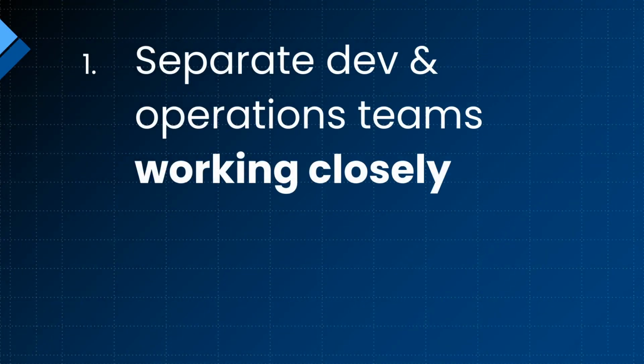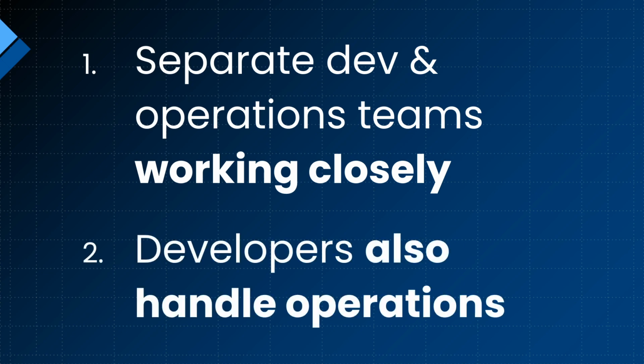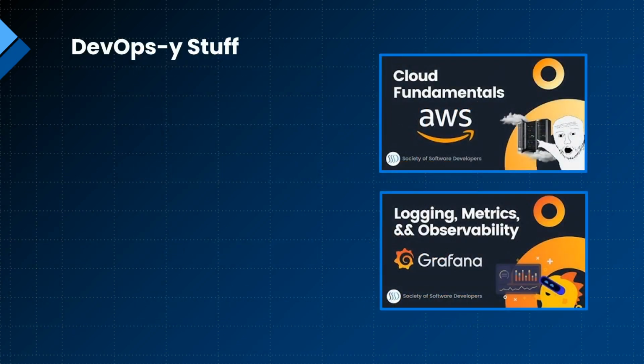One, you could have separate development and operations teams, but in close communication with each other. Or 2, and from what I've seen this is more common nowadays, the developers are also responsible for operations. So you'll be writing code, but you'll also be responsible for understanding how deployment works, how monitoring and support works, that kind of thing.